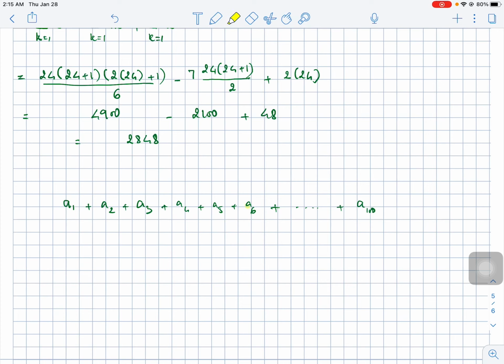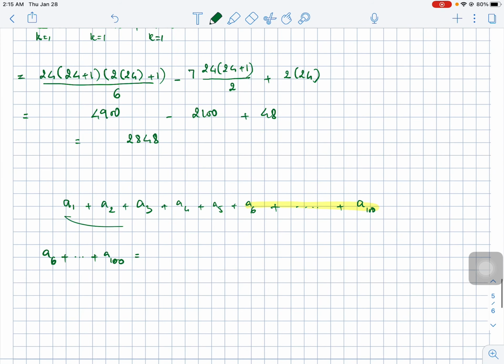What if I want to calculate from A6 to A100? What I do is I will take the whole thing. This means that A6 plus until A100 will equal the whole thing, which is from A1 plus until A100, minus the pink one, which is A1 to A5.